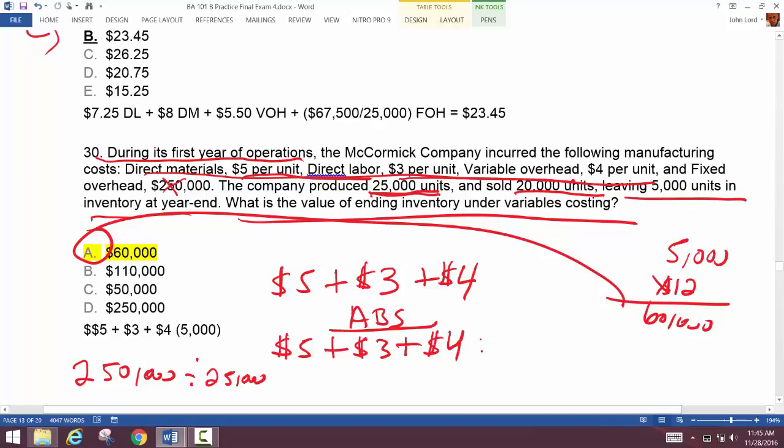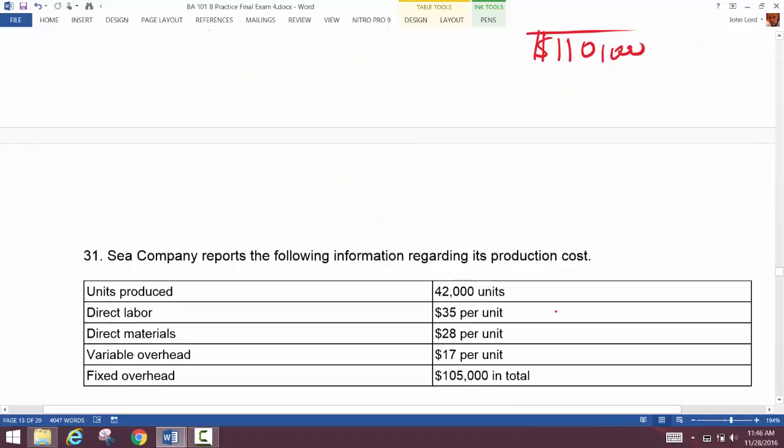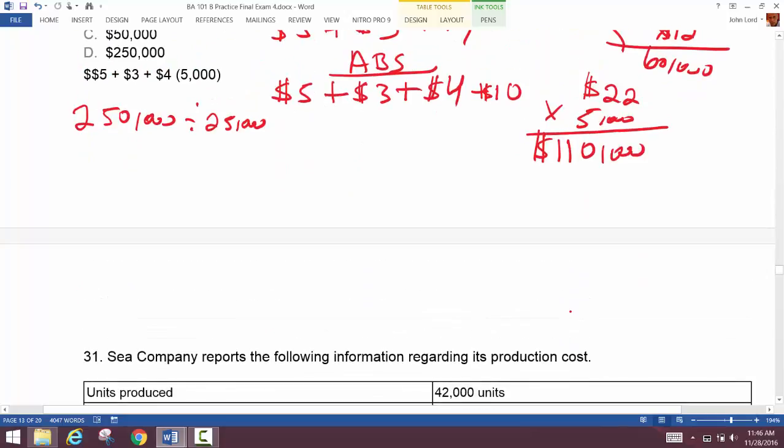So what's that giving me? $10. And so I add all that up, and that gives me $22, times 5,000, so it would be 110,000. Okay, good.